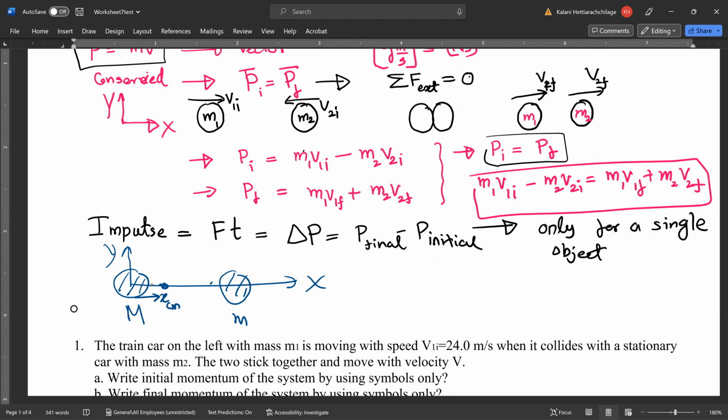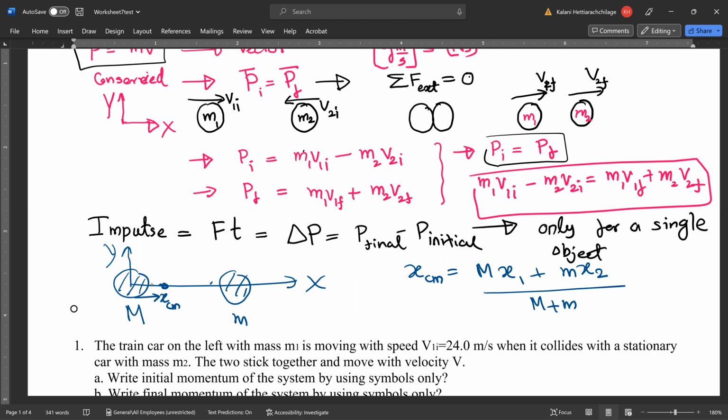Then you will be able to write x center of mass is equal to your m1 object times the distance to m1 from the origin, plus m2 object times the distance to the second object from the origin, and divide by, let's take lowercase m and uppercase M since I have that notation here, m plus M, the net mass, right?